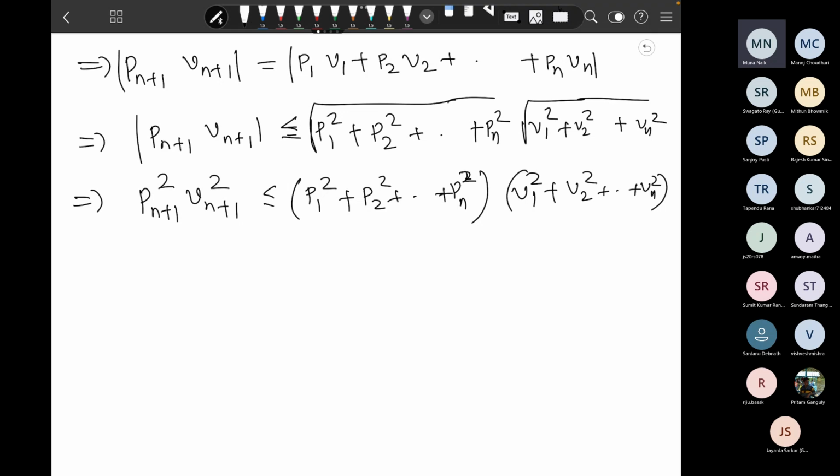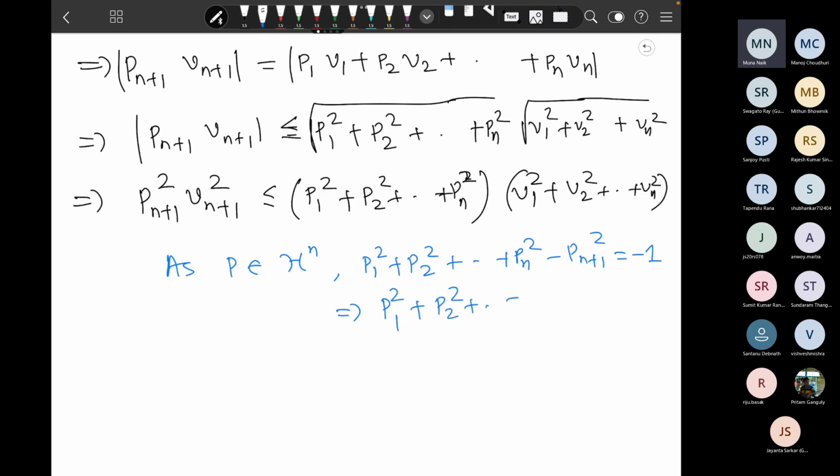Now, as P belongs to H^n, this implies P1 square plus P2 square plus Pn square minus Pn plus 1 square is equal to minus 1, and therefore P1 square plus P2 square plus Pn square is equal to Pn plus 1 square minus 1. So I put that.